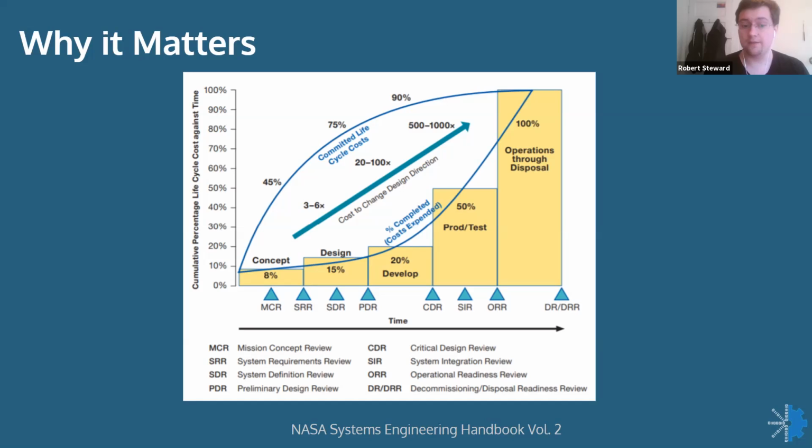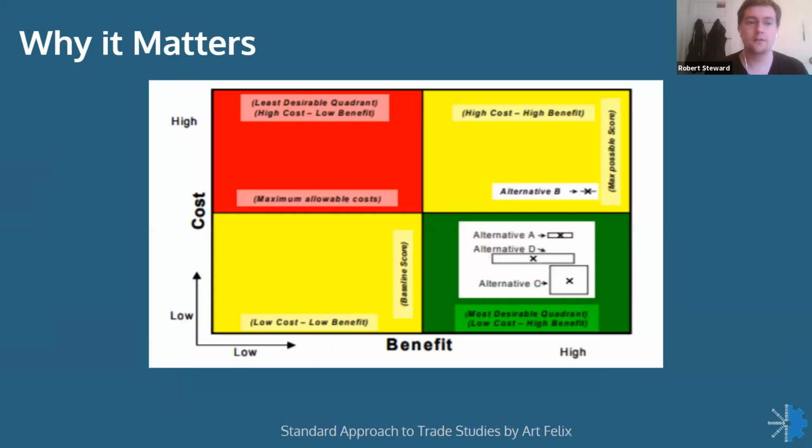And so if you're making a mistake early on in your concept and design and you have to go back, that ends up increasing the cost of the project or increases the time, all those different things, and makes it so that you really can struggle with your project. And so your goal is to make the right decisions early on to avoid those unforeseen costs and complications later on.